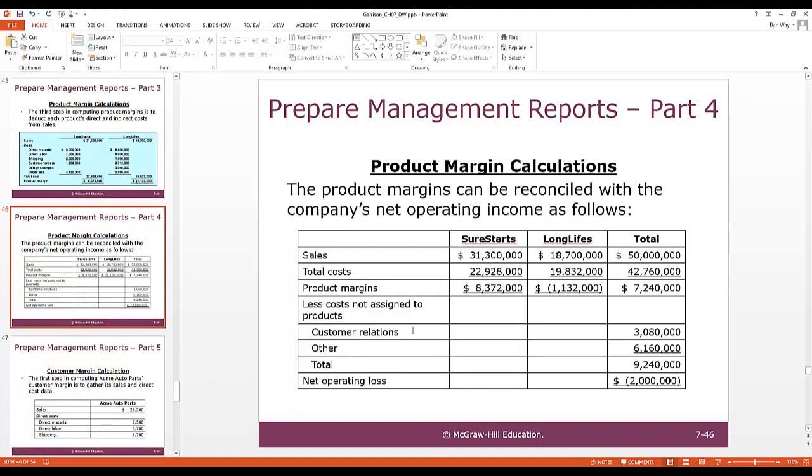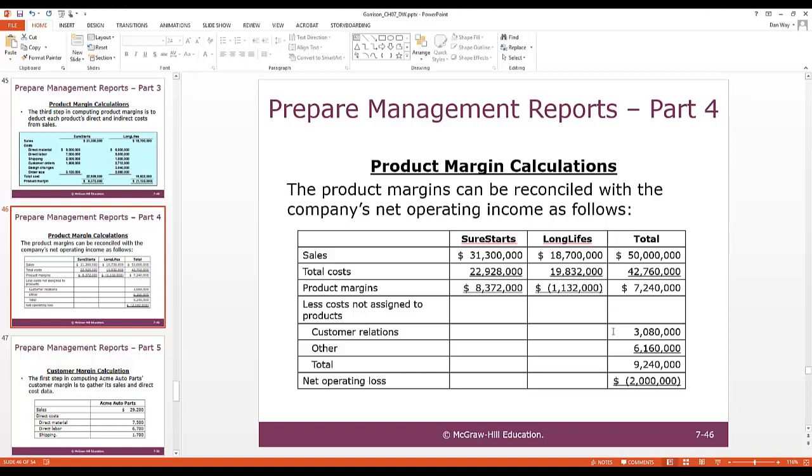So we can reconcile our product margin with the company's net operating income. So again, if we use Baxter here, we had the Sure Start and the Long Life with the product margins of a little over $8 million for the Sure Start, and then that negative $1.1 million for the Long Life. So a total product margin of $7,240,000. Then we'd need to deduct the cost that we didn't assign to products.